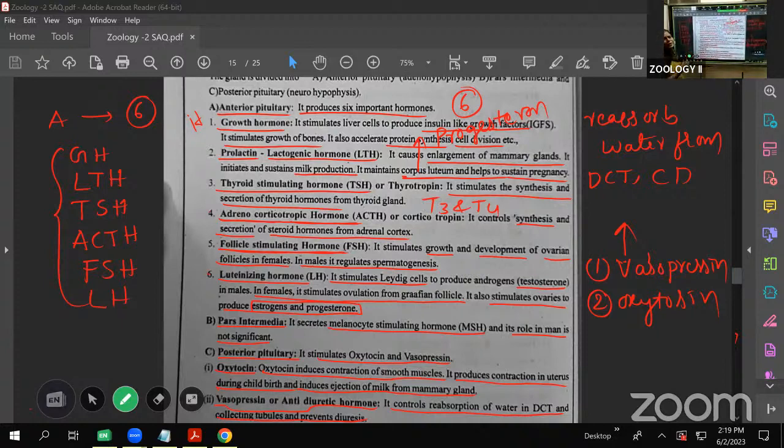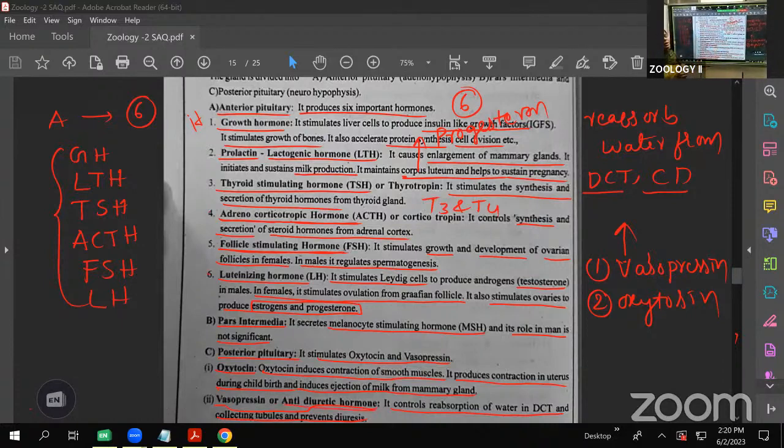In the nephron, first is the PCT, the proximal convoluted tubule. After that comes Henle's loop, which opens into the DCT. The DCT opens into the collecting duct. In these two tubules, lastly, water is reabsorbed by the effect of vasopressin. That's why it is commonly called antidiuretic hormone.